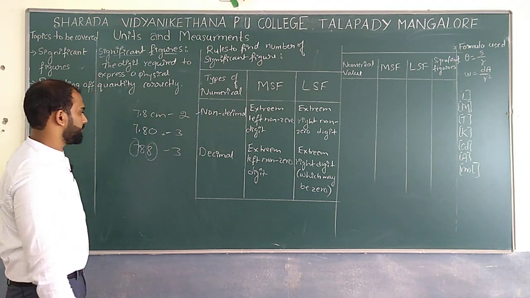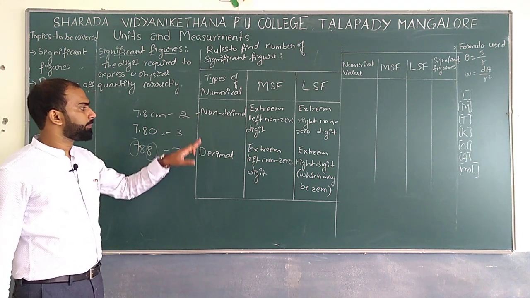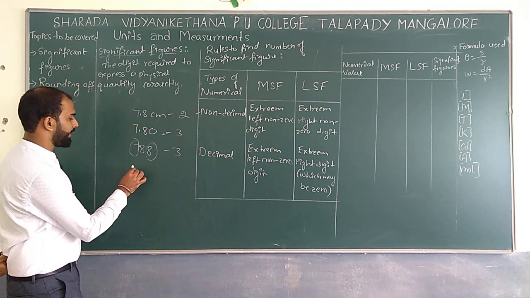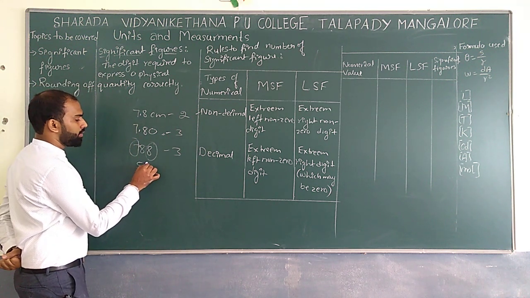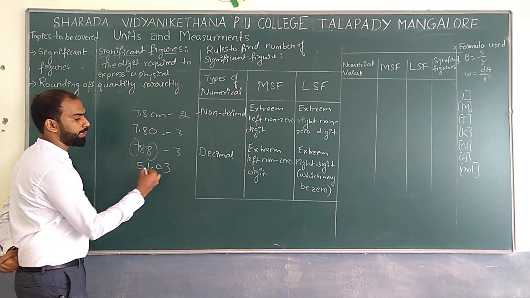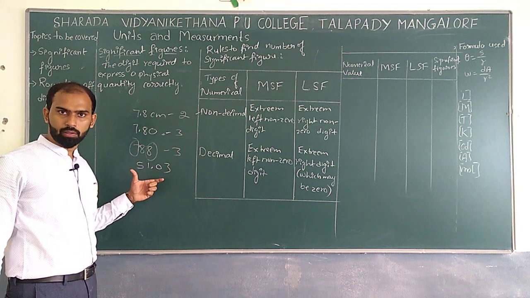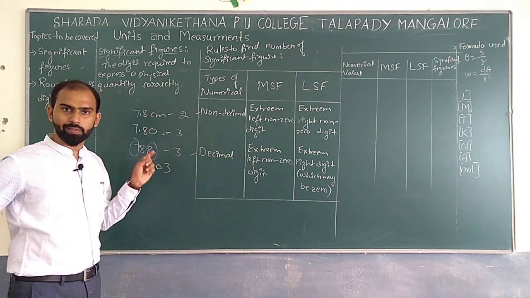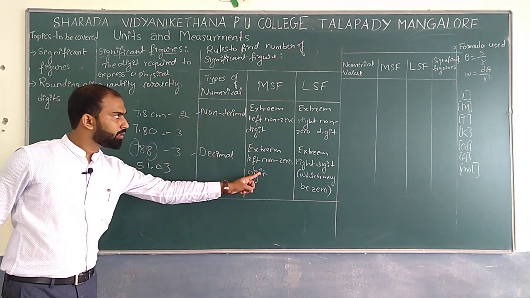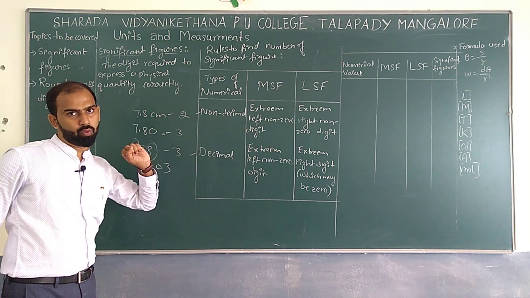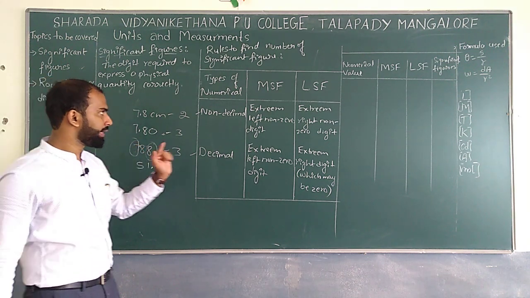Now you go with the decimal value. For example, if I write 51.03, you have to check whether the given value is decimal or non-decimal. Obviously, it is a decimal. If it is a decimal, the job is to check the MSF value in the given value. How to get the MSF value?